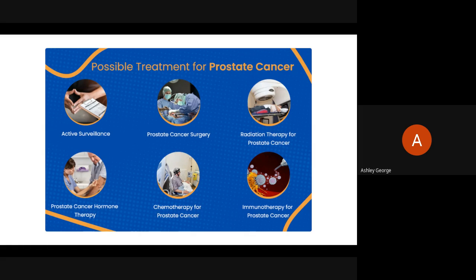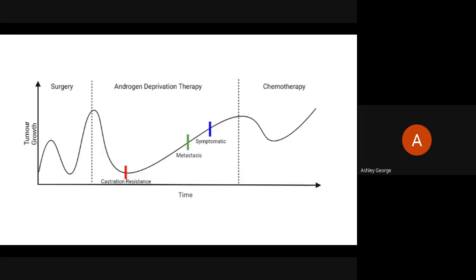And by blocking that, it reduces the androgen production in the testes and the adrenal glands and in the prostate tumor itself, which limits the ability of the androgens to fuel prostate cancer growth. And I'll mention that a little bit more as we progress. But this androgen production and the androgen pathways are important to the mechanism of action of prostate cancer.